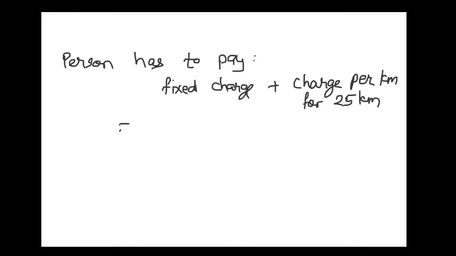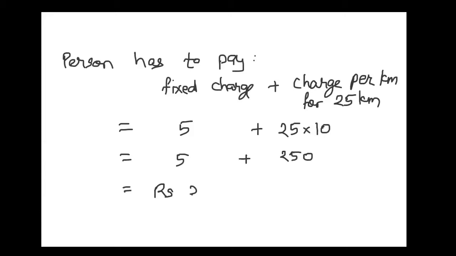So what was the fixed charge? 5 rupees, and 25 into charge per kilometer, which was 10 rupees. So 5 plus 250, that is, the person has to pay rupees 255. This is your final answer for the second part of the question.